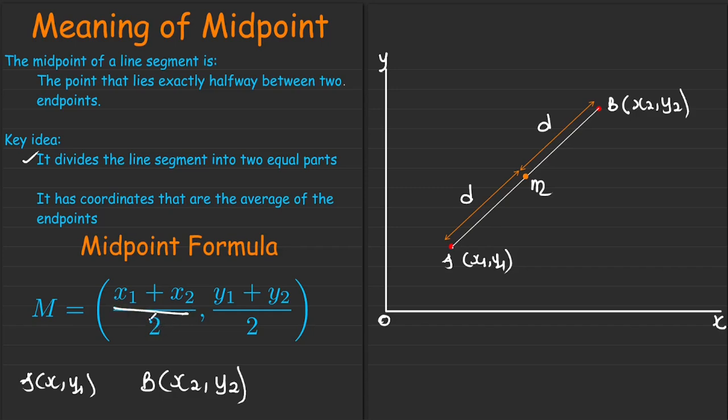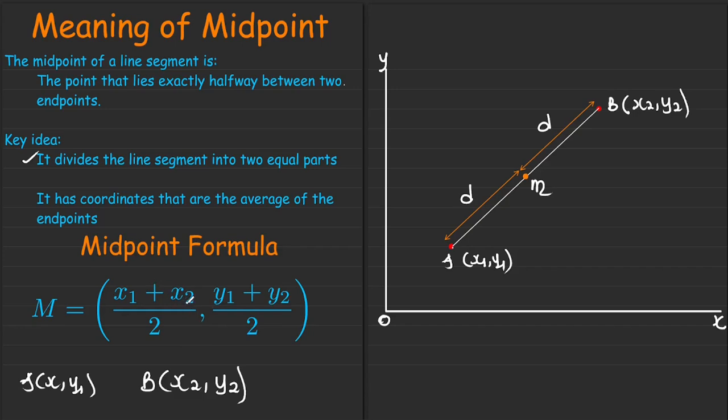Then we find its average. And that alone will be the x value of the midpoint. You do the same to the y. So you find the sum of the y values and then find their average. And that alone is going to be the y component of your midpoint.